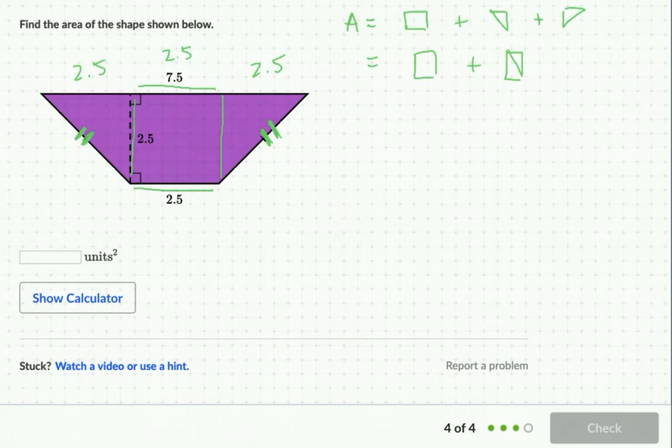And let me draw that more so it looks like it's together. Okay. And then this square has, let's see, use a different color, 2.5 here and 2.5 here. And then these two also have 2.5.